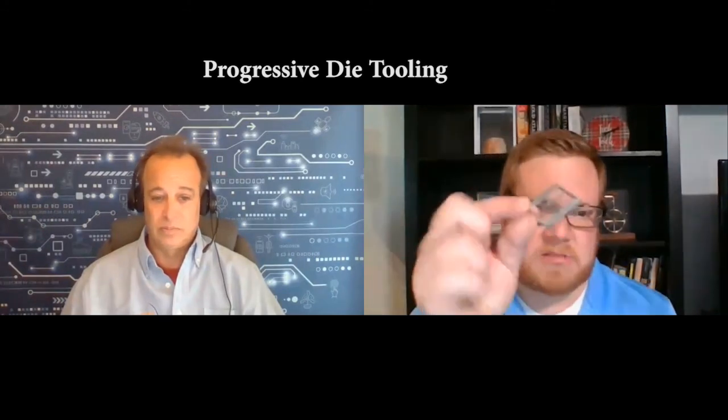So for a standard slot lock shield, something like this, just a rectangle, anywhere in the realm of 8 to 10,000 pieces is about your break-even point on a tool. And again, that depends on the size and the complexity.